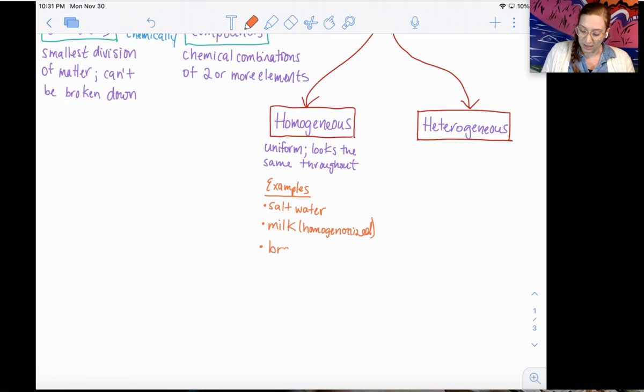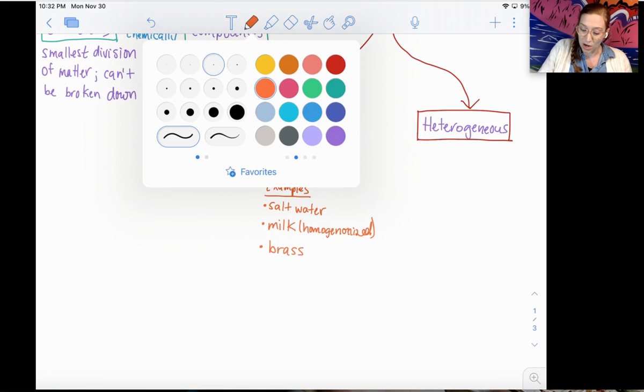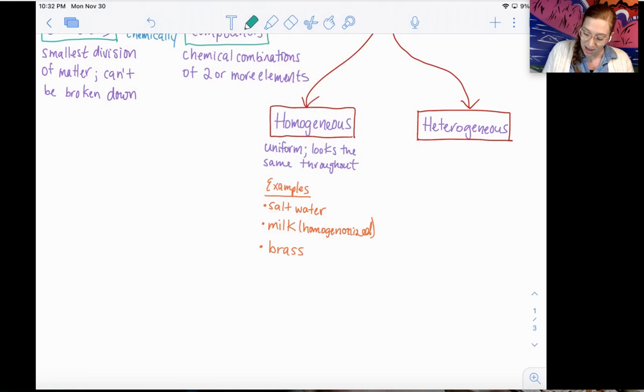A good example of this is brass, which is just one of the samples that we use possibly in the density lab. I'd like you to make a note of the fact that these homogeneous mixtures are also called solutions. We're going to spend an entire unit in semester 2 all on solutions. So this is kind of just our first introduction as to what they are.